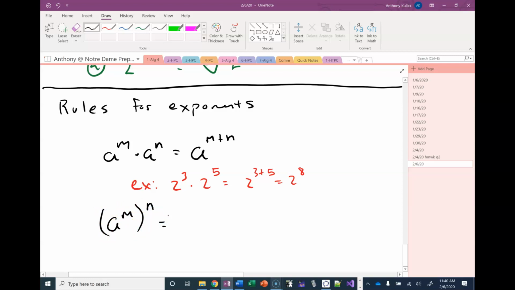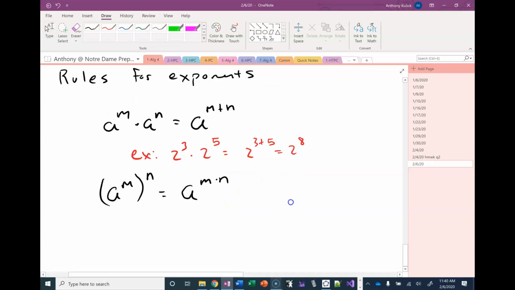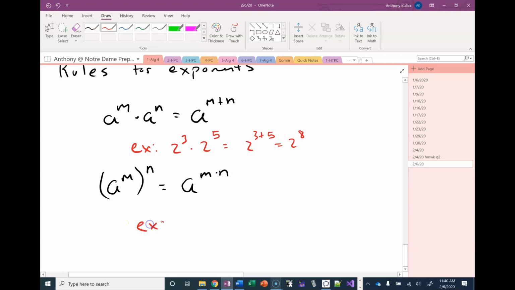So what if I have a to the m to the n? If I have an exponent of an exponential. Yeah, it's going to be multiplying. So for example, if I have 2 to the 3rd to the 4th, what that means is I have 2 to the 3rd 4 times, right?